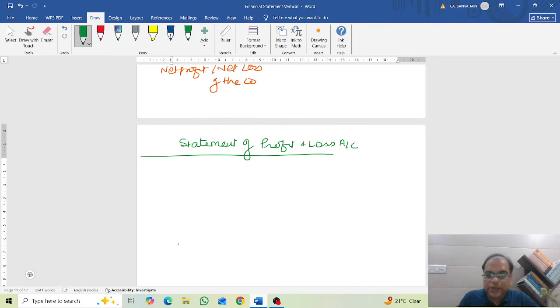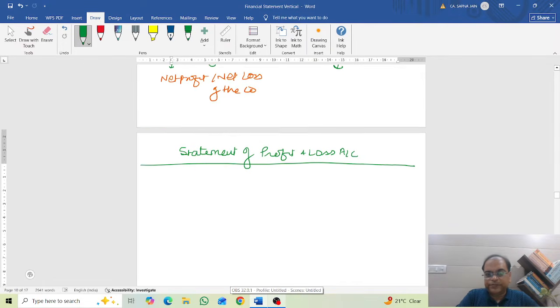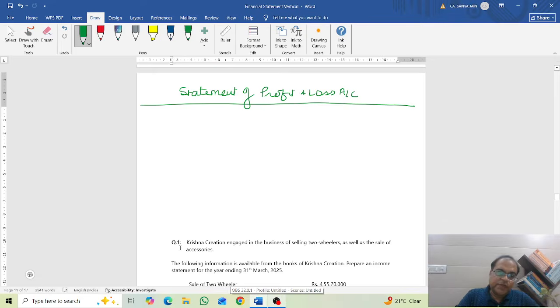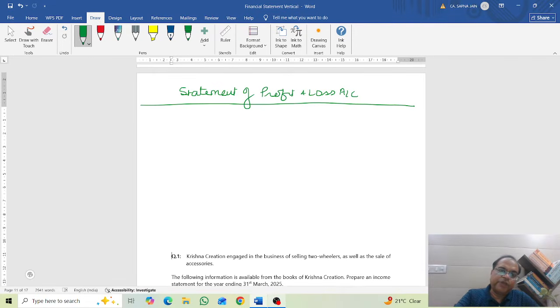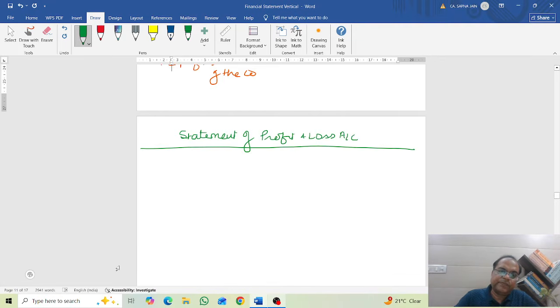For the preparation of a statement of profit and loss account, there are 4 major columns. Number first column is particulars.